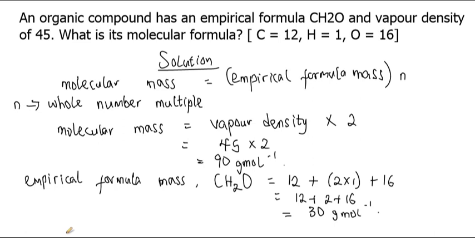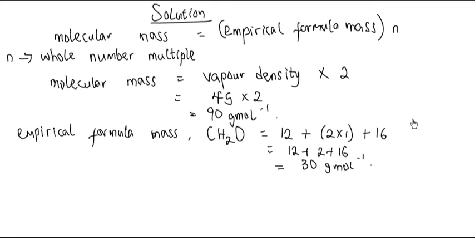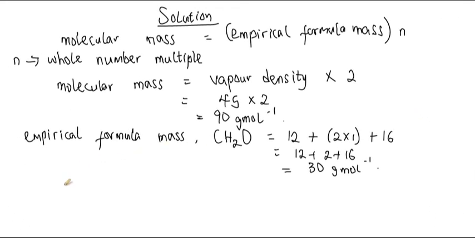The whole number multiple n remains unknown, hence we'll be making n the subject. So from the formula we've written above, we'll say n equals molecular mass divided by the empirical formula mass.